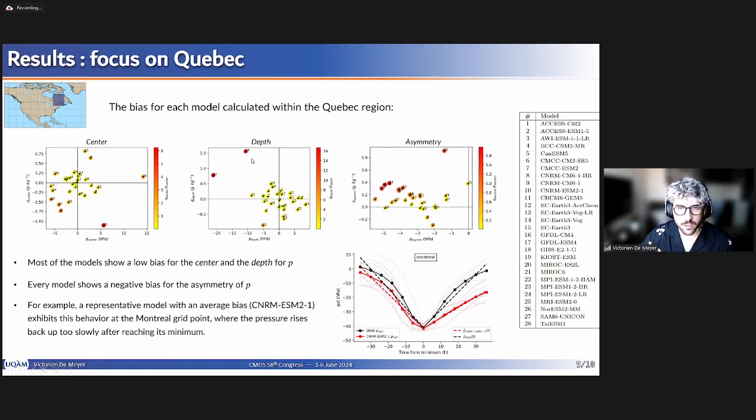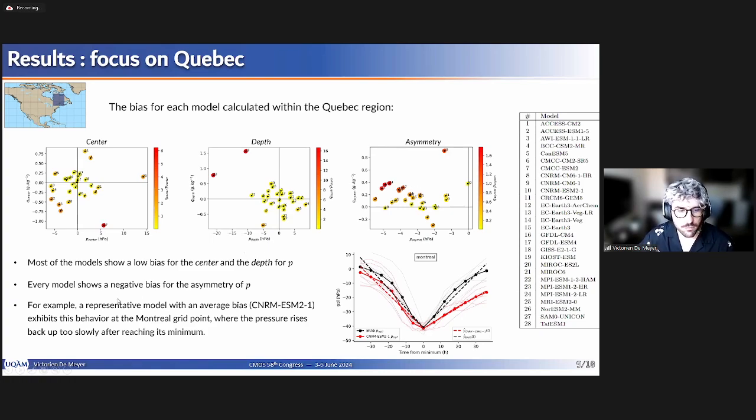It's the same when it comes to the depth parameters, but for the asymmetric term, you can see that all the models are on the left side of the line where x equals 0. It means that for all the models, they have a negative bias for the asymmetry parameter.